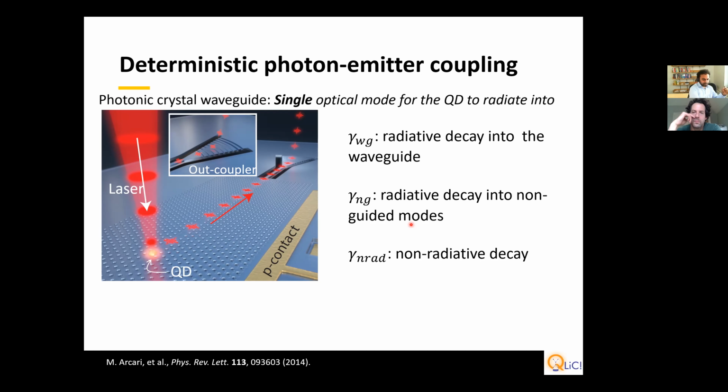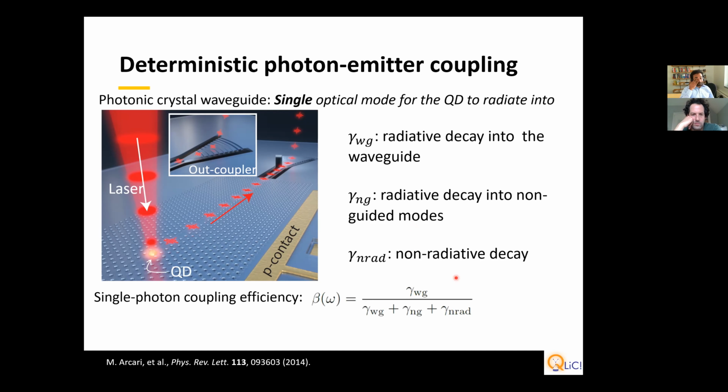All of these can happen, and that's what's captured in this non-radiative rate. To quantify the single-photon coupling efficiency, that's given by this beta factor, which is the ratio of the light radiating into this waveguide mode to the total rate that it can emit.